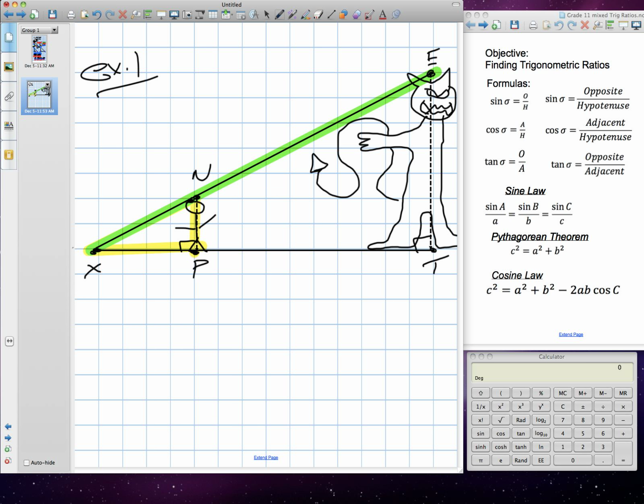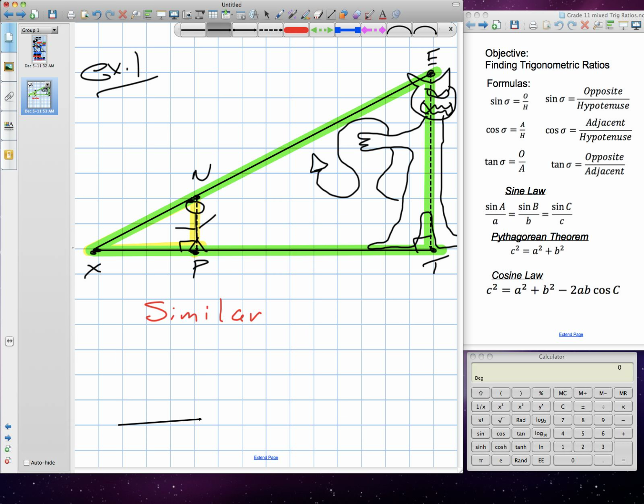And our second triangle here is in green. So we have our two right-angled triangles. Are the green and yellow triangle congruent, or are they similar? They're blatantly similar because the sides are definitely not the same length.